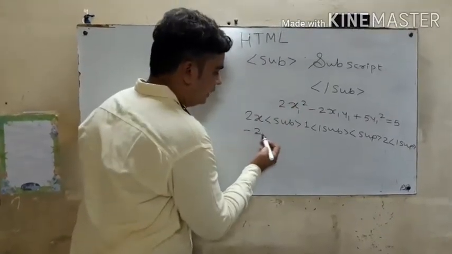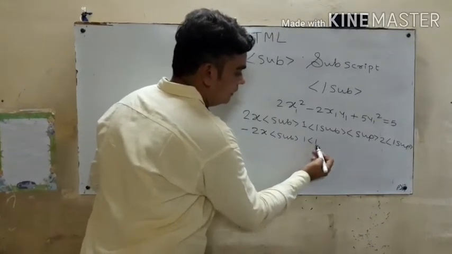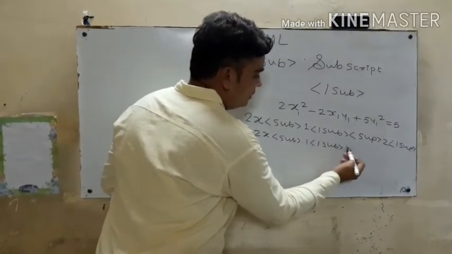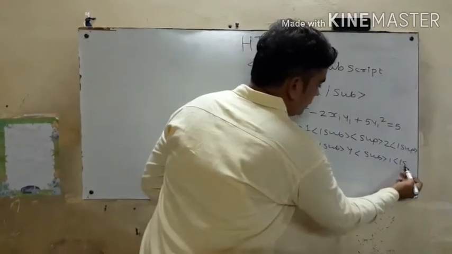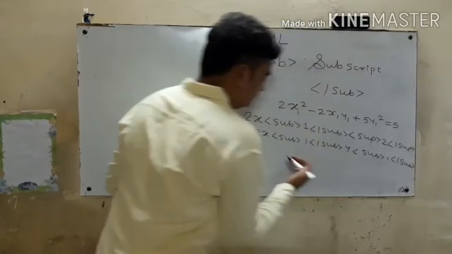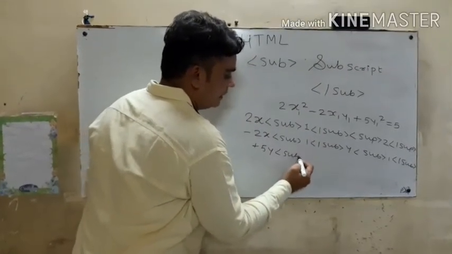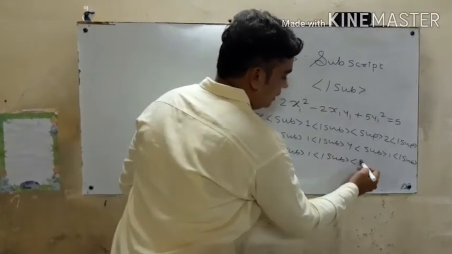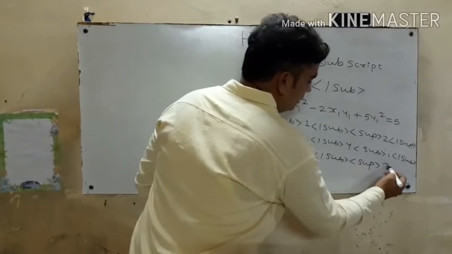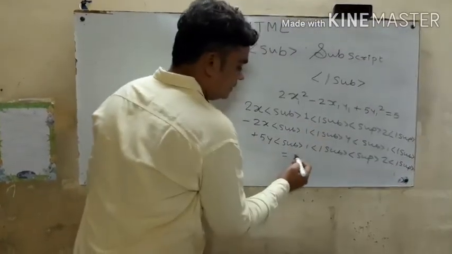Now again I am going to write 2x, then SUB 1 /SUB, y, SUB 1 /SUB, then again 5y, SUB 1 /SUB, continue SUP 2 /SUP is equal to 5.